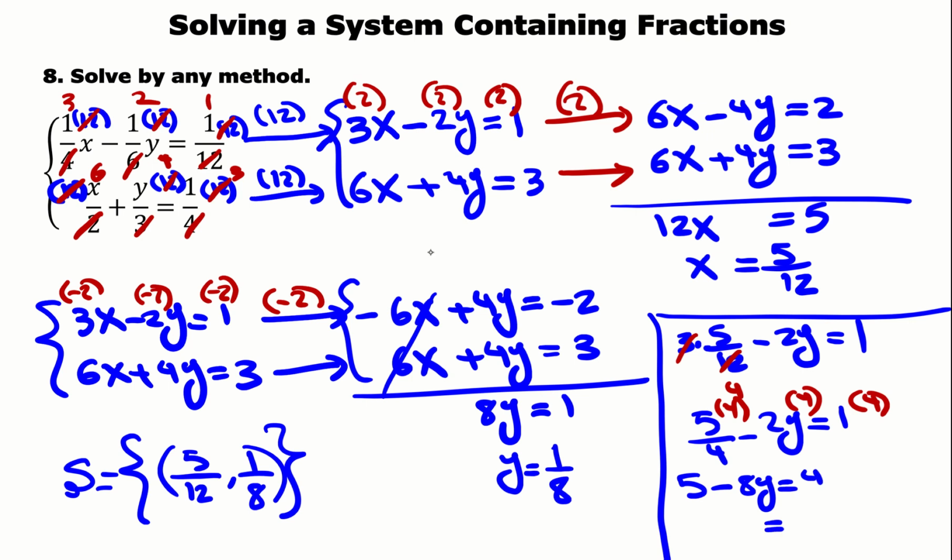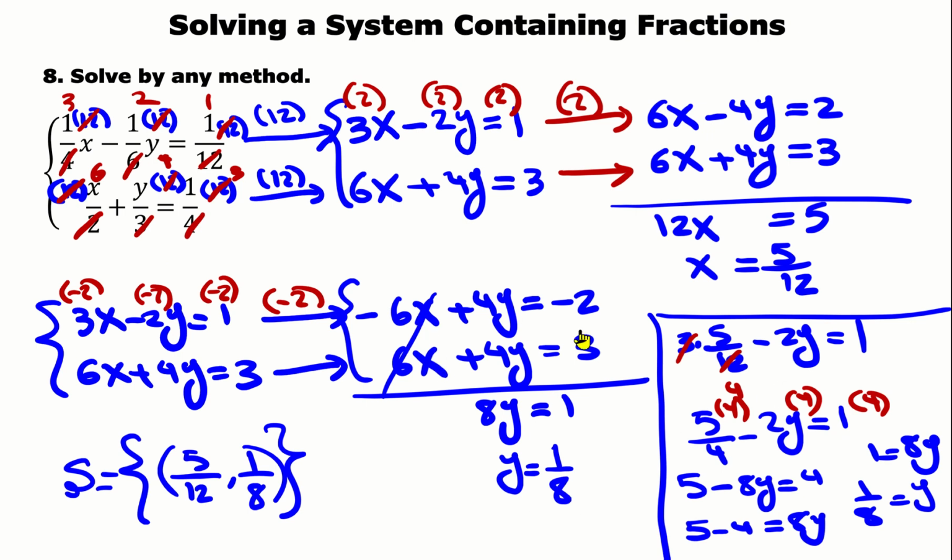So let's move the negative 8y to the other side, it becomes 8y, and bring the 4 over, so it becomes negative 4. So we get 8y equals 1, or y equals 1 over 8, which is of course the same thing we got here. So either method is fine.